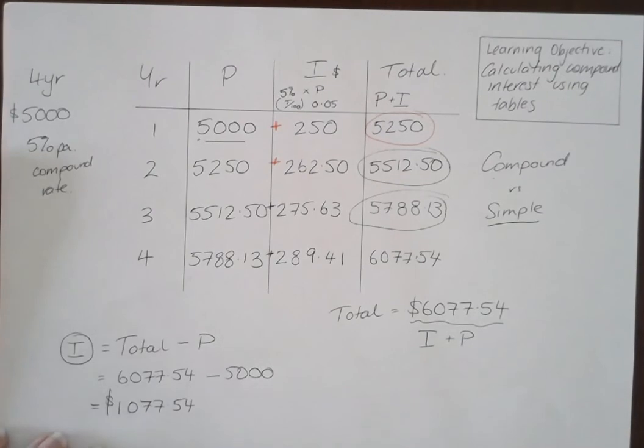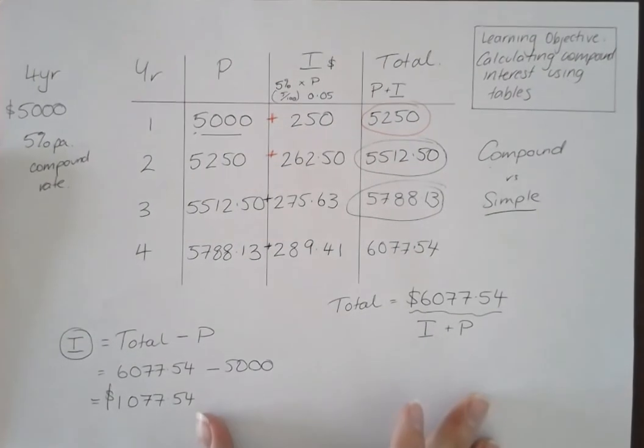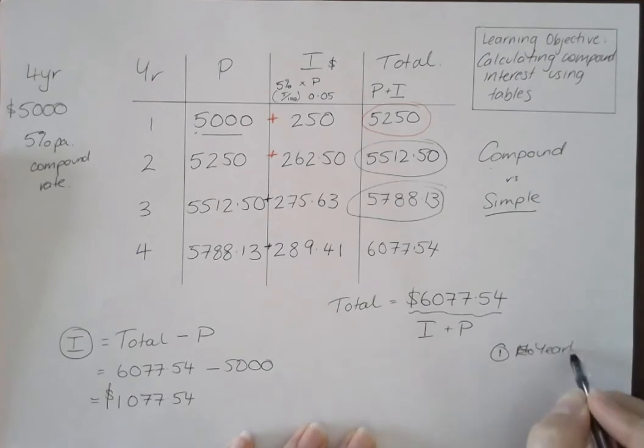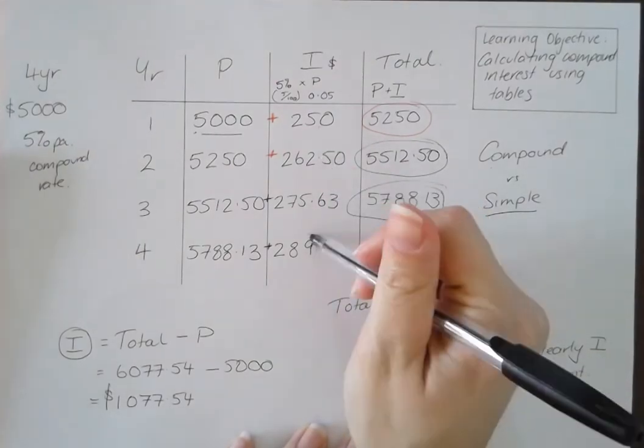which means our answer will be $1,077.54. Okay, so there's a couple of different things happening with compound interest. Number one is that the yearly interest is different. Every year it's going to look different.